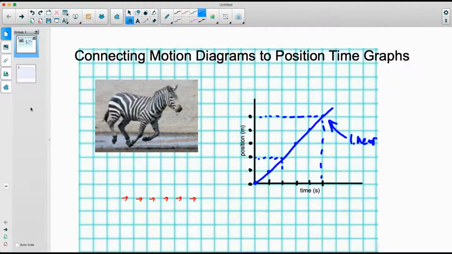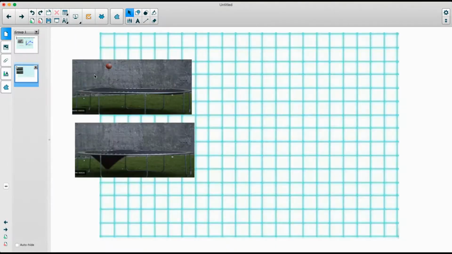Now, what would happen if the object is not moving at a steady speed? All right, so in this example, we're going to take a look at a position time graph for a bowling ball that's falling down like this, and it's going to hit the trampoline, and the trampoline is going to stretch from here down to here where the bowling ball comes to a stop.